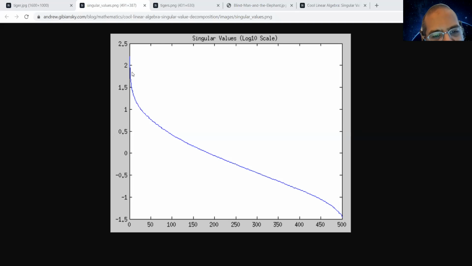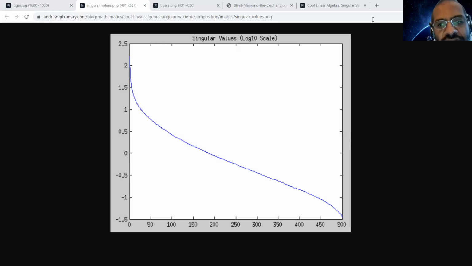And what I'm seeing is that the singular values are decaying very rapidly. There are a few really big ones that are about 10 to the 2.5, but then they go down pretty fast. 10 to the 2.5 is well over 100, it's 300 or 400. So the first few singular values are over 100 times as big as, let's say, the 100th singular value.